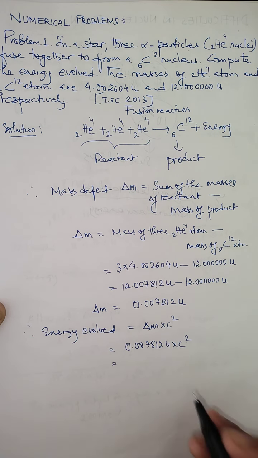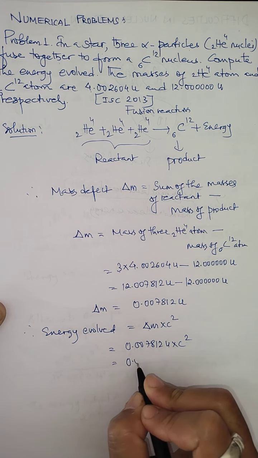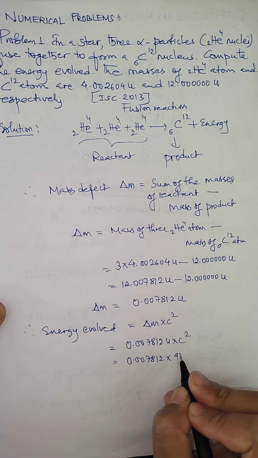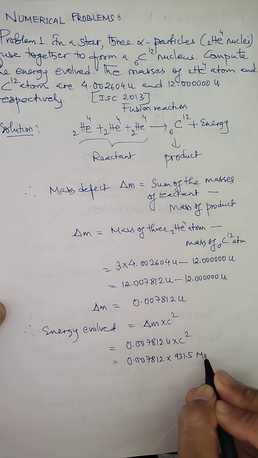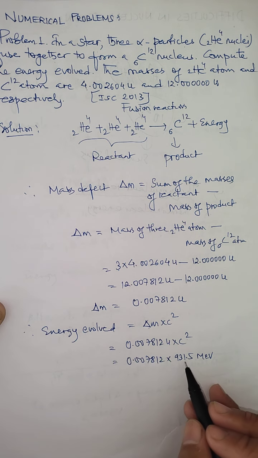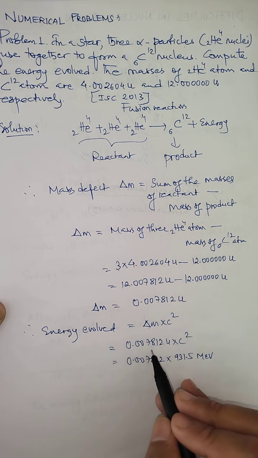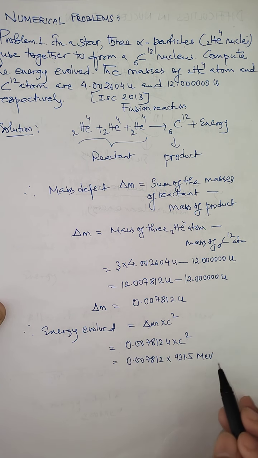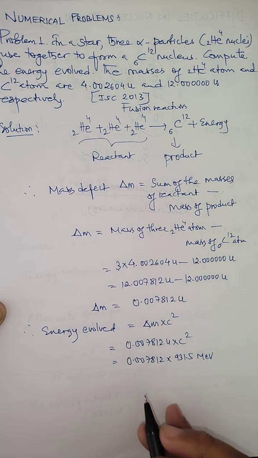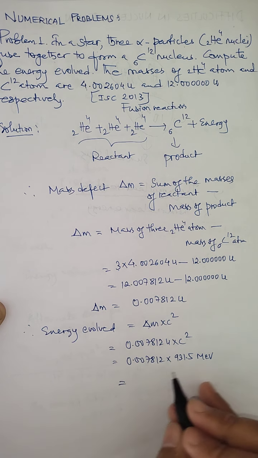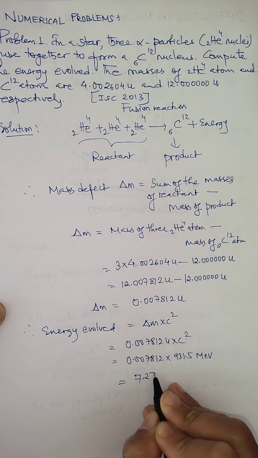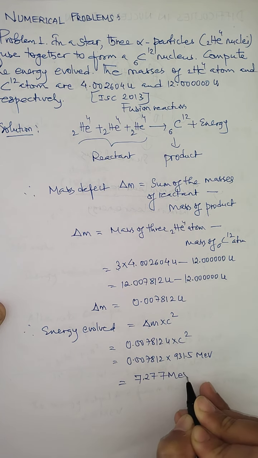To calculate this energy directly in mega electron volts, we multiply by 931.5 MeV, because when there is a mass defect of 1 U, the energy evolved is 931.5 MeV. The energy evolved is simply 931.5 multiplied by this mass defect of 0.007812 U. Calculating with a calculator, we get approximately 7.277, and the unit is mega electron volt.